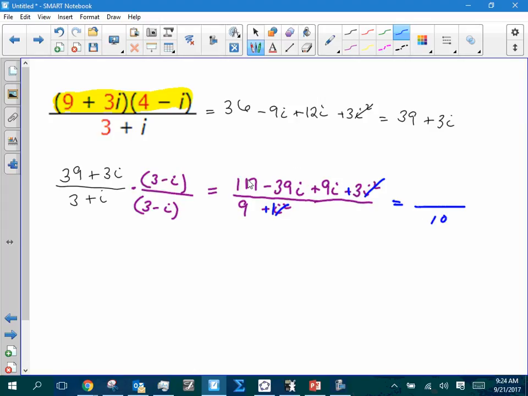Up top, I'm going to have 117 plus 3, 120. And then minus 30i. All of them have a factor of 10 in them, right? So I'm going to find my final answer as 12 minus 3i.